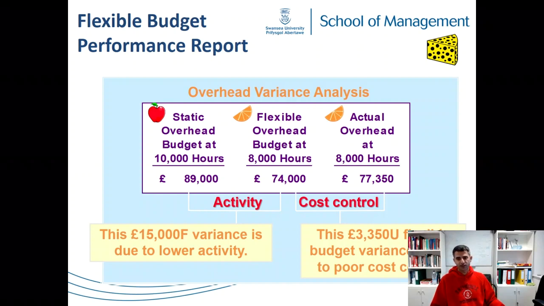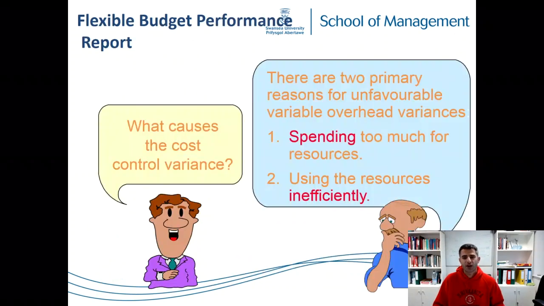We overspent, and that's really bad for the business to have an adverse variance. So you need to look at and find out why. Of course there are a lot of reasons behind it, but one of them is that we spend too much money on resources. Also it could be that we use the resources inefficiently.